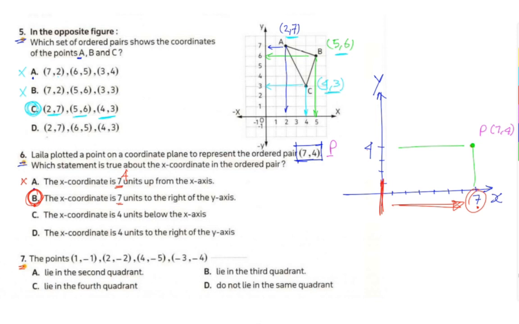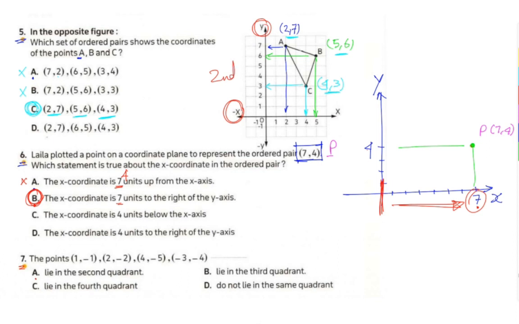Next, point 7. The points are (1, -1), (2, -2), (4, -5), and (-3, -4). First statement: lie in the second quadrant? In the second quadrant, I have negative x and positive y.